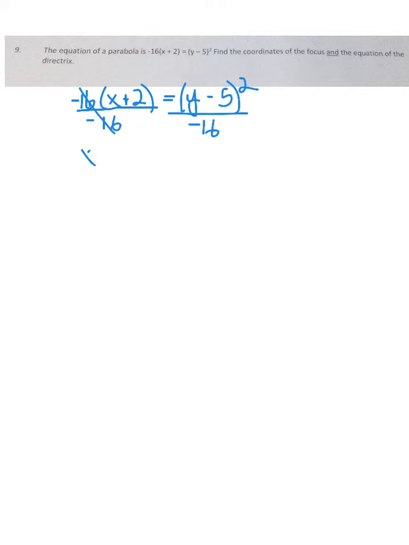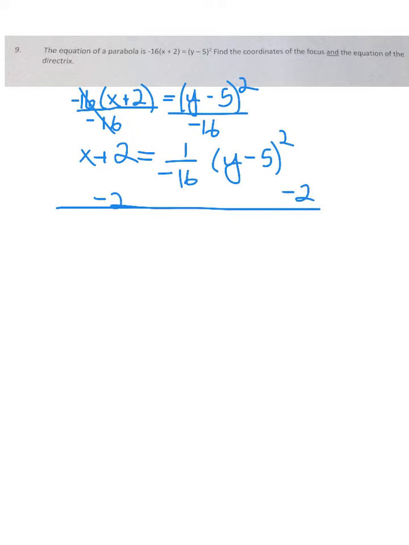So that's going to give me x plus 2 equals. Now remember, we do like this to take the form of the 1 over 4p. So I'm going to take that -16 and write it as a fraction. So it'll be 1 over -16. And then we've got y minus 5, that quantity squared. Okay, so we're almost there. So we need to move that 2 over. And then we have our equation in the correct form, right?